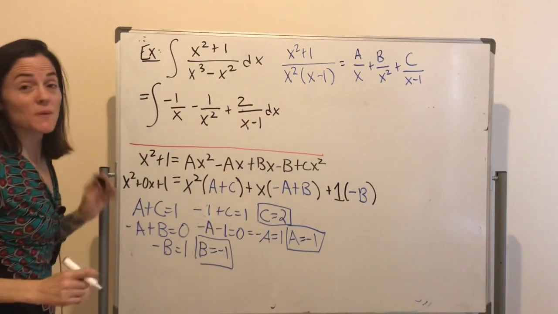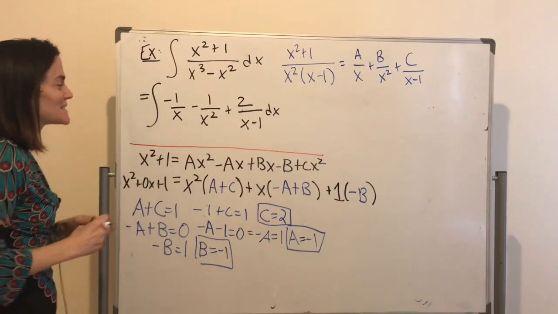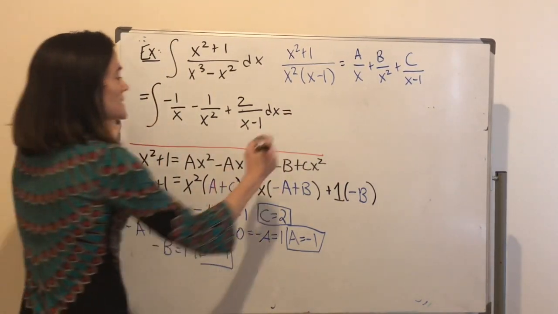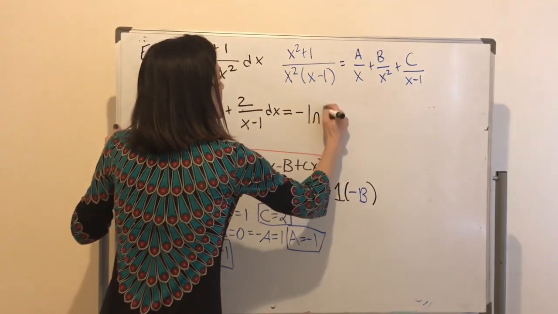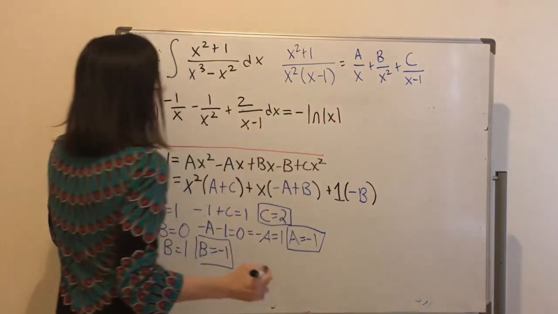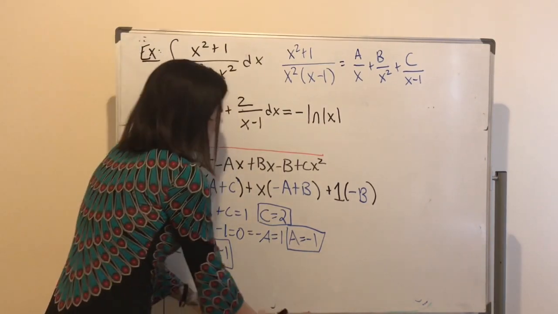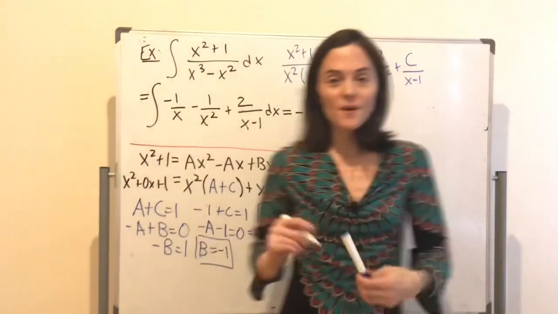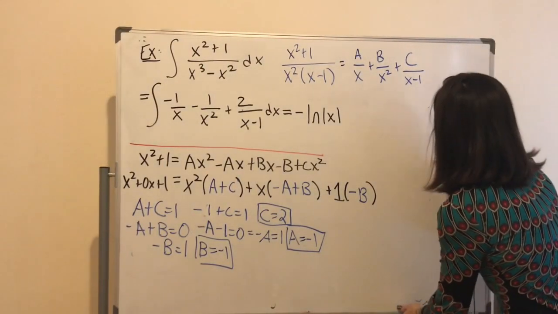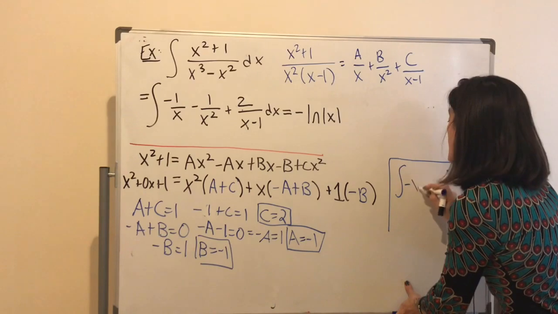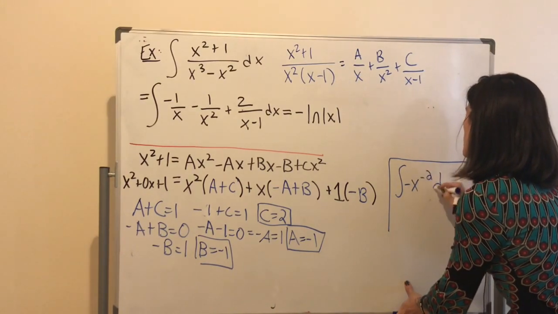Okay, all of this we can integrate. This is the beauty of partial fractions, okay? Well, this is negative ln absolute value of x. Now, if you need to remind yourself about this integral, I have room for a box over here. If we integrate, this is negative x to the -2.